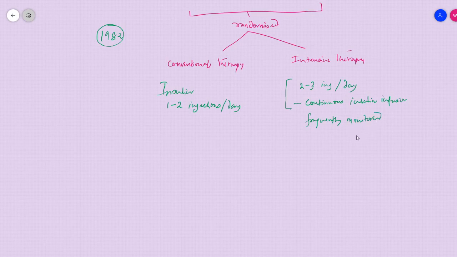Then the dose was adjusted so that a target blood sugar level was maintained, right? These patients were followed up for 6.5 years. At the end of 6.5 years, the data was analyzed.